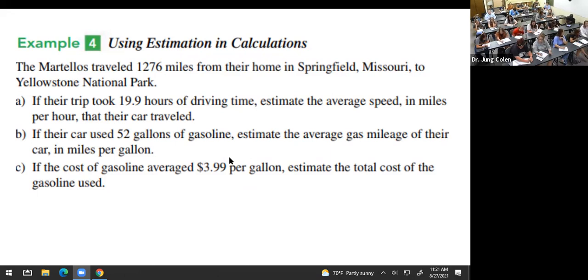Show me your thumb if you will solve this. I rounded the miles up to 1,300.